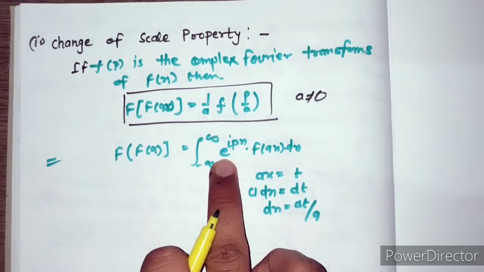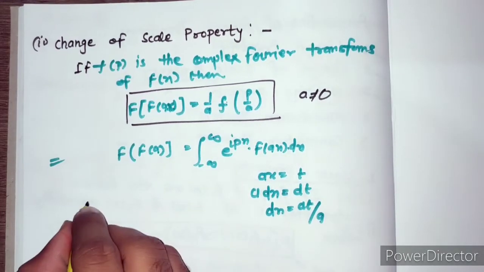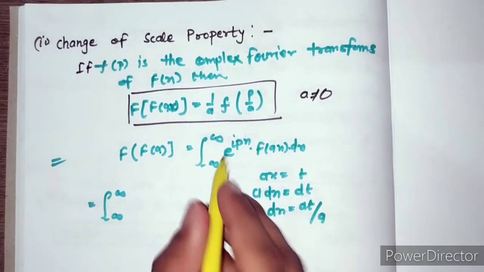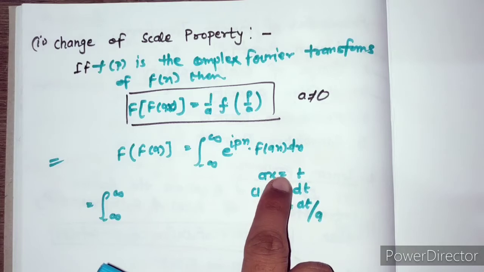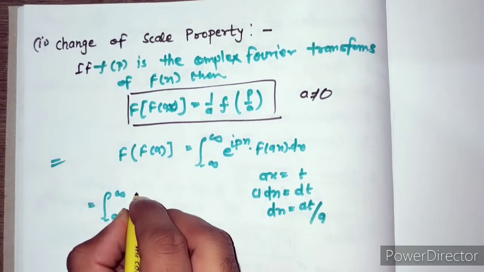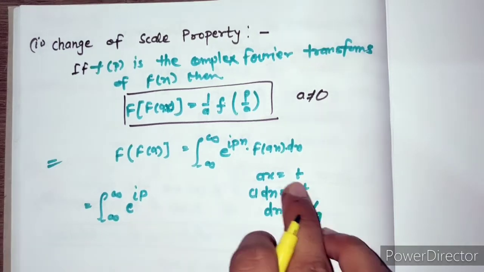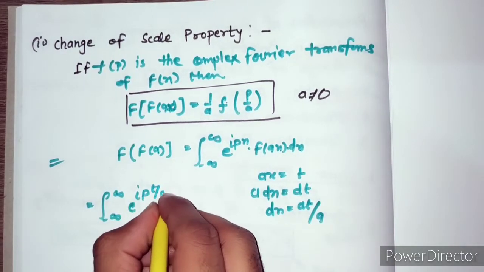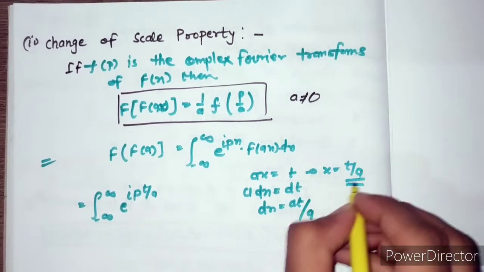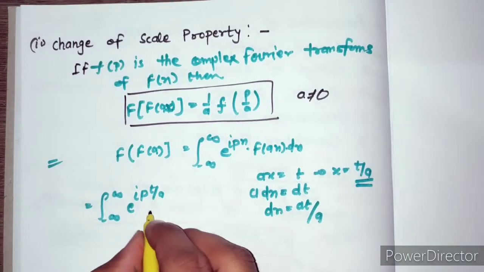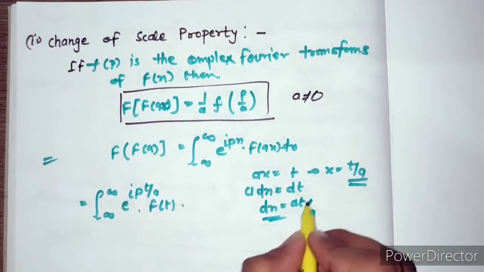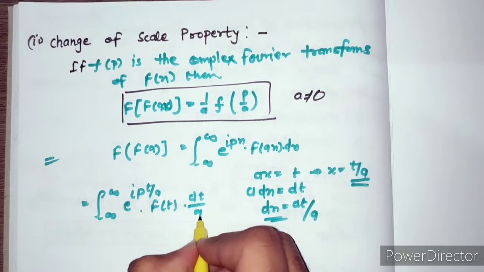Substituting, x is t upon a, and f is f(t).